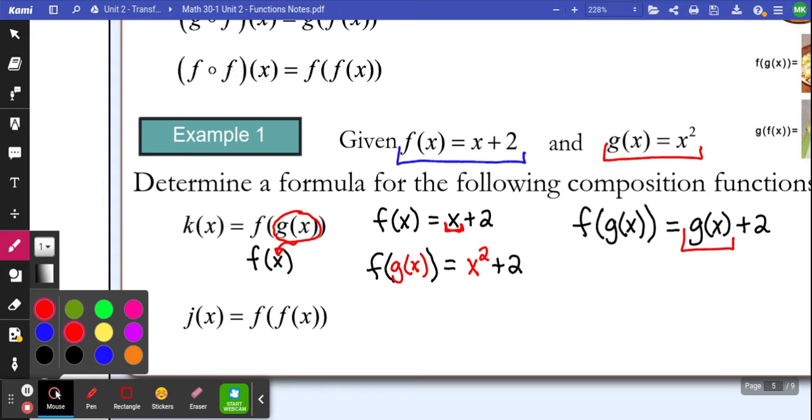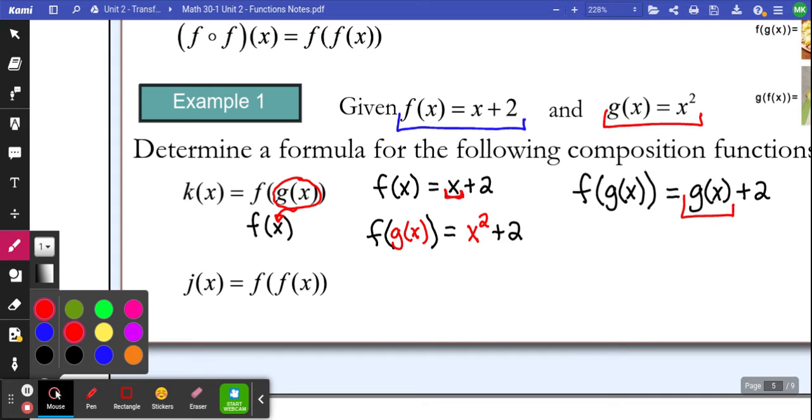Okay, the next one is f of f of x. This will probably help a little more. This is a better example, I think. So they want you to take f of x, that's how you'd normally write it, and they want you to replace x with the function f of x. f of x normally would equal x plus 2.